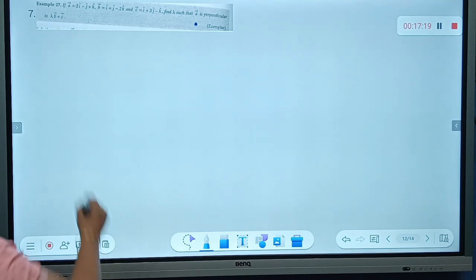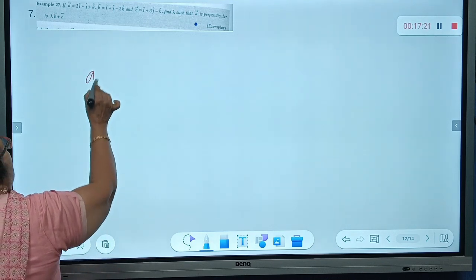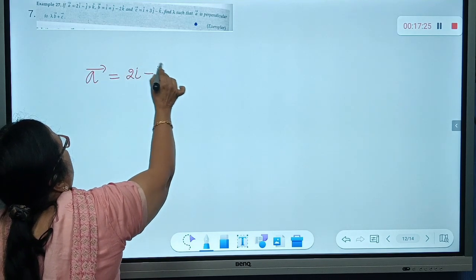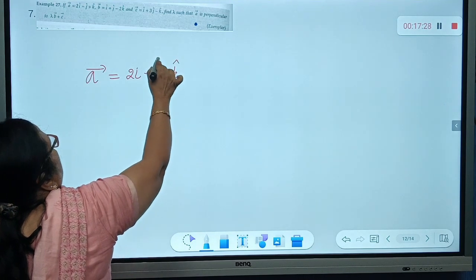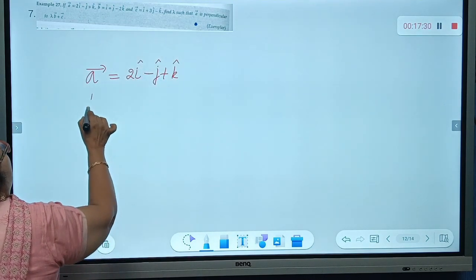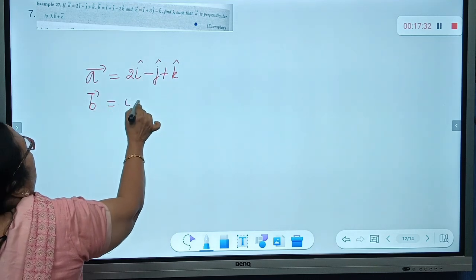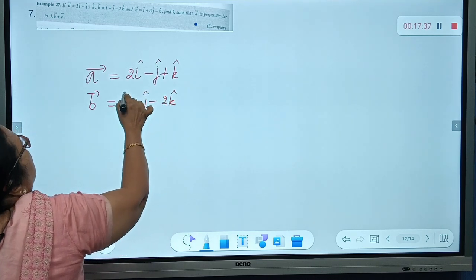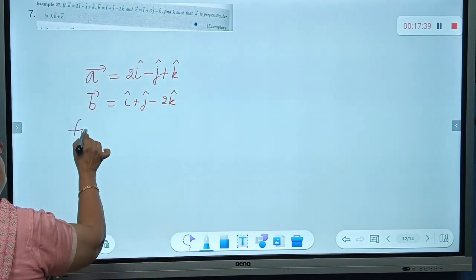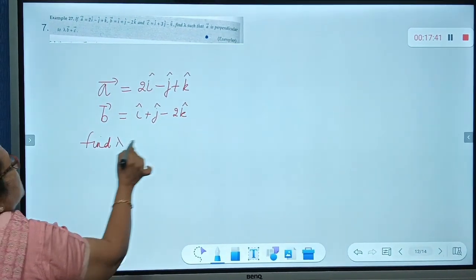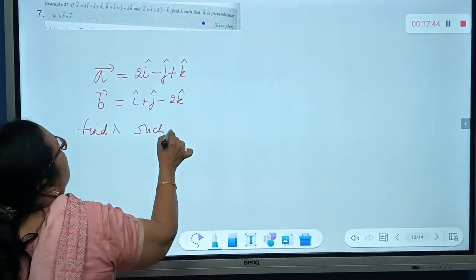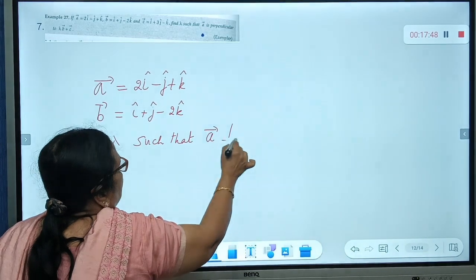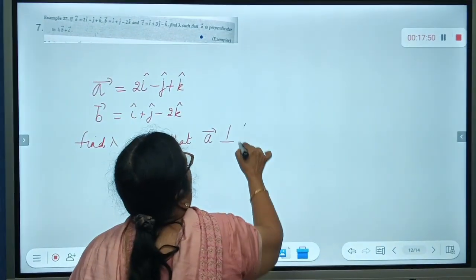Now, next problem, a vector is given to be 2i minus j plus k. B vector is given to be i plus j minus 2k. You have to find lambda such that a vector is perpendicular to lambda b plus c.